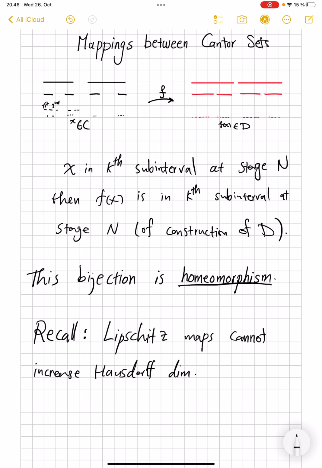So that's an obstacle already there, that you cannot do a Lipschitz function between an arbitrary pair of Cantor sets. The target has to have a smaller or equal dimension than the Cantor set in the domain, but of course it can be strictly smaller. For example, the constant map kills the dimension.